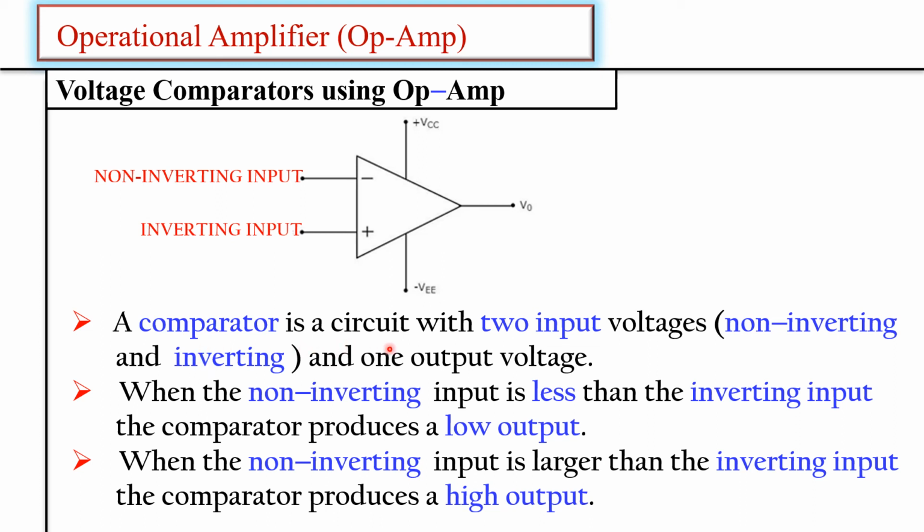A comparator is a circuit with two input voltages, non-inverting and inverting, and one output voltage. When the non-inverting input is less than the inverting input, the comparator produces a low output, and when the non-inverting input is larger than the inverting input, the comparator produces a high output.